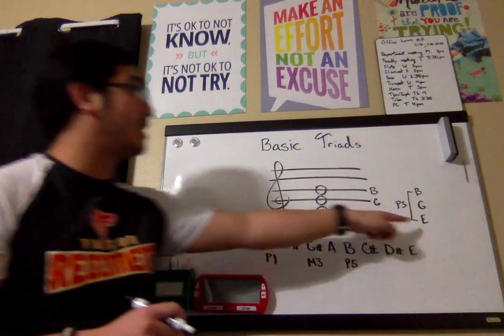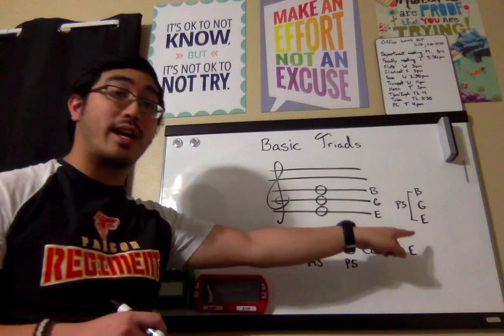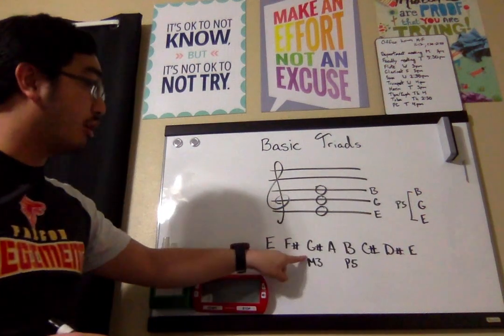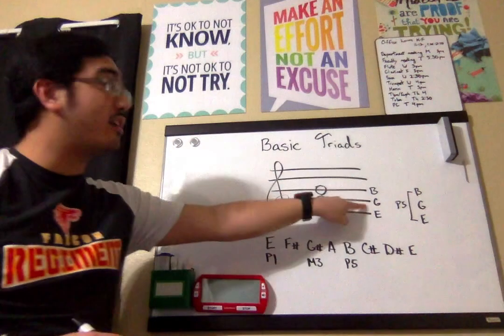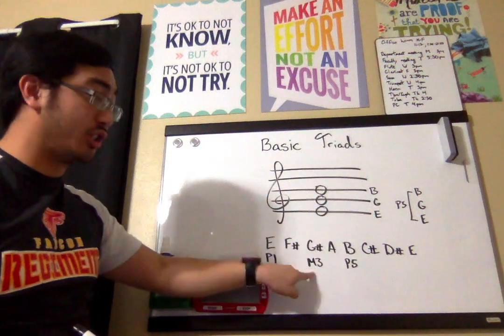Now we have to find the distance from E to G. That will tell us the quality of the entire triad. G sharp would make it major, but we have G natural. G natural is a half step lower than G sharp.